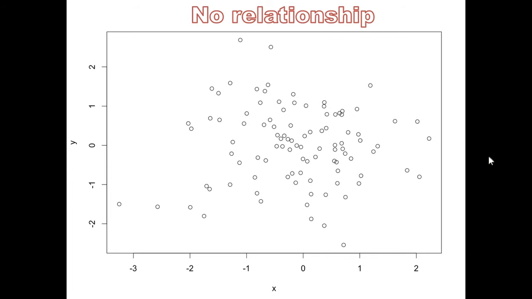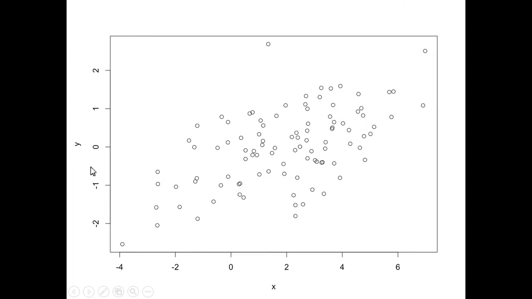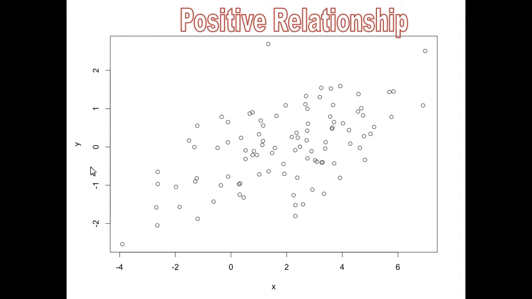If I'm looking at a scatter plot, this would be no relationship between variables. It will look like just a big bunch of dots, which is what we're used to looking at for homogeneity or homoscedasticity charts. But there's no relationship between X and Y in this chart. Maybe slightly positive, but mostly nothing. If I get a positive relationship, as one variable goes up, the other variable goes up.